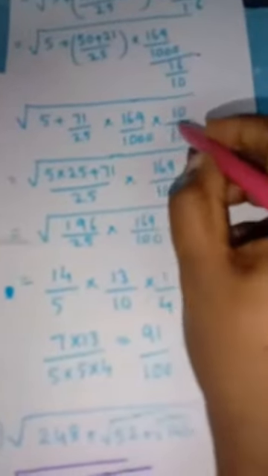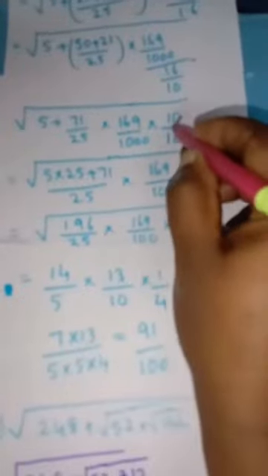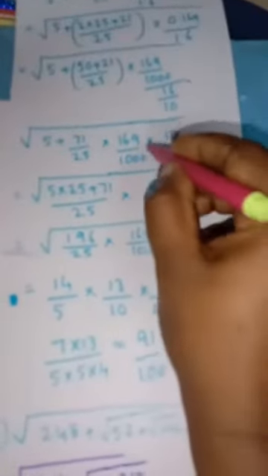Root 196 is what? Here again, see, this 10 and 1000 get cancelled. So 169 by 100 into 1 by 16.